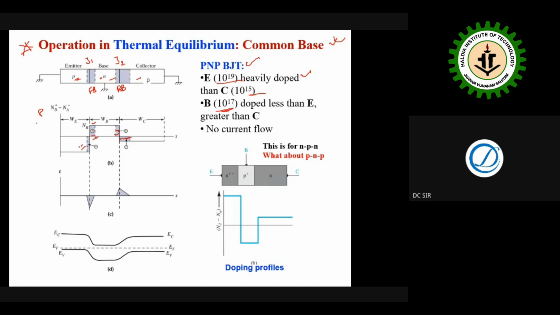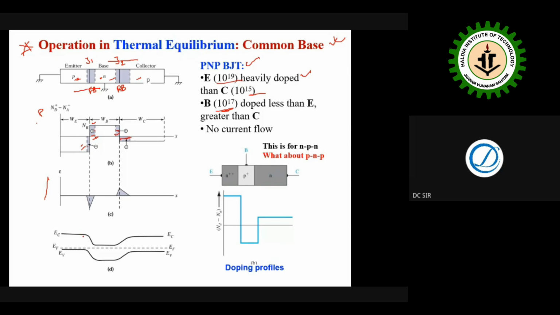From here we can find the electric field. In the same way as the PN diode, there are two junctions, J1 and J2. Another thing is the energy band diagram.